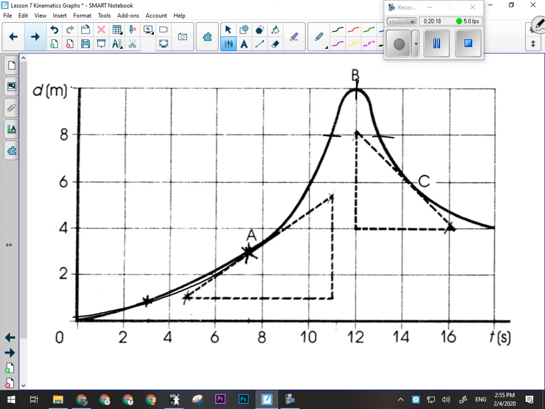As soon as it leaves my hand, what's it doing? Slowing down due to gravity, right? So it's actually moving upwards, but accelerating downwards at 9.81 meters per second squared. That's the acceleration due to gravity. So it slows down, comes to a stop, and then actually starts to move downwards.